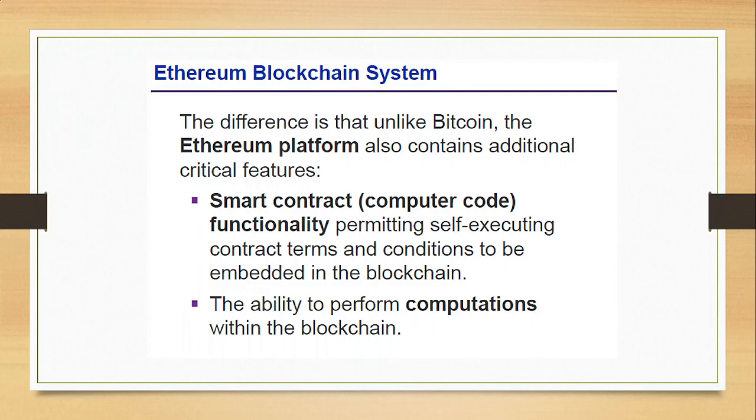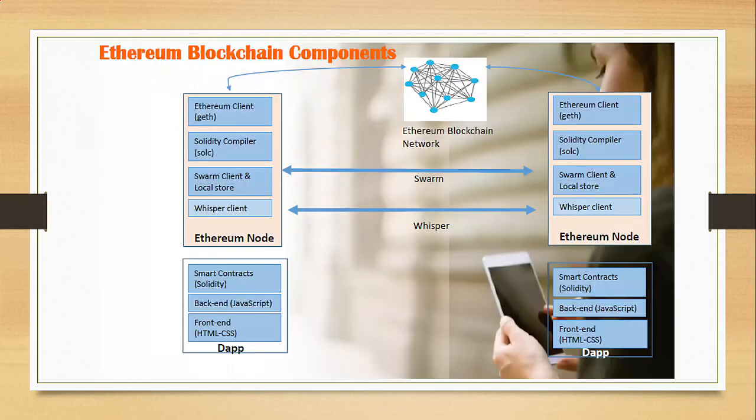This is what Bitcoin doesn't have, right? I can talk about Bitcoin as having just static transactions that need to be broadcasted from particular nodes. But for Ethereum, the smart code waits for some criteria to be met for the execution to happen, right? So this is the Ethereum component.